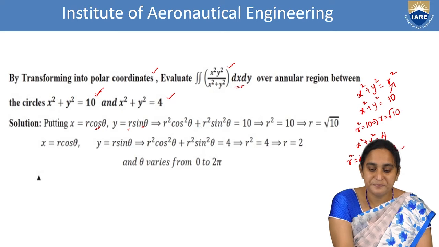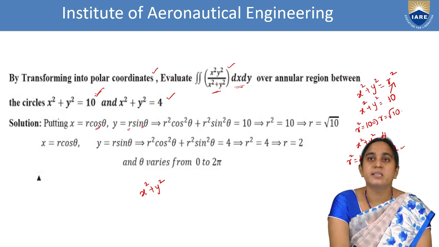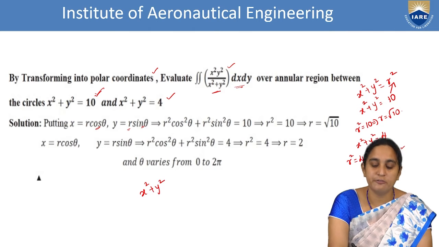Okay. Now, from that, first I'll take x square plus y square. Once you observe the given question, what is the denominator part? That is x square plus y square. Now I'll convert each and every term into the polar coordinate form.